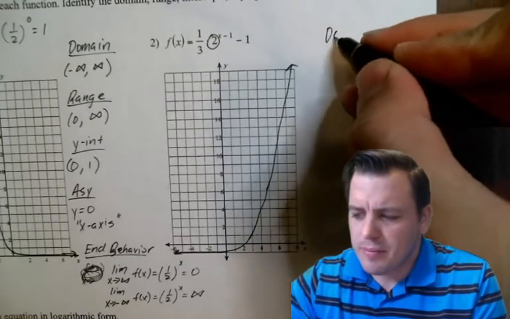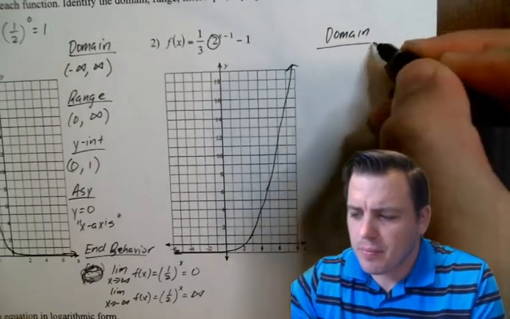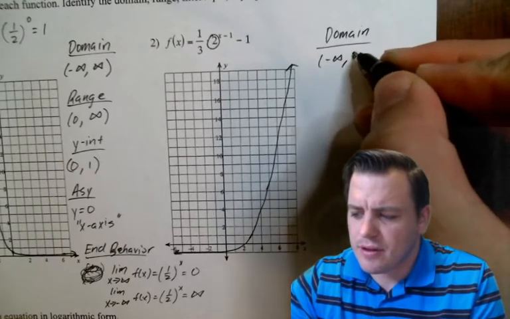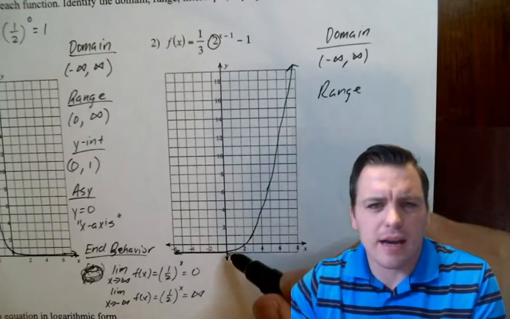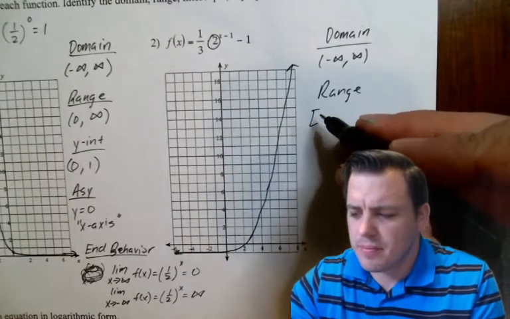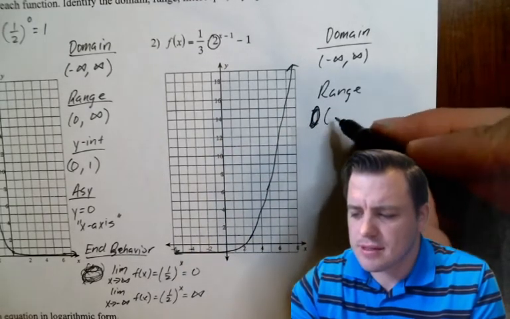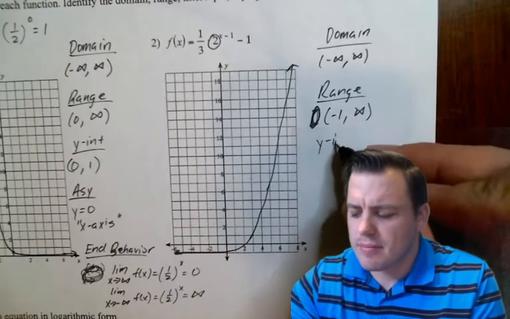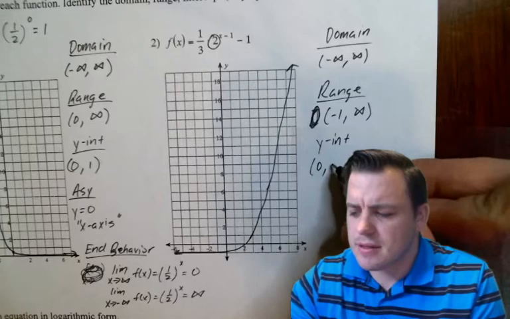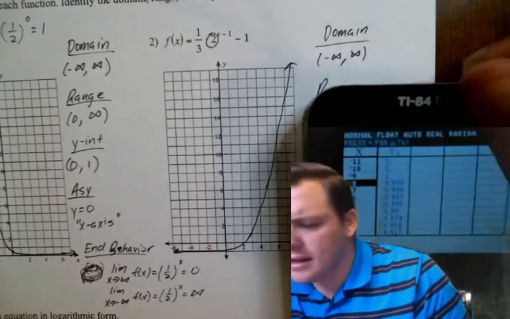Again, domain, negative infinity to infinity. Range, it's going to be a little bit different here, from -1 to infinity with a parenthesis because it's not included. The y-intercept, that would be (0, negative...), and again, just use your calculator.